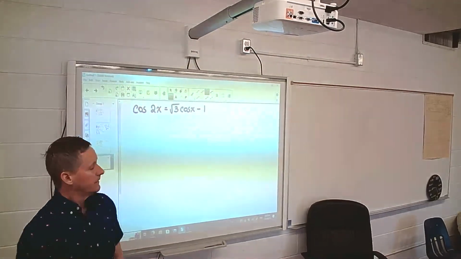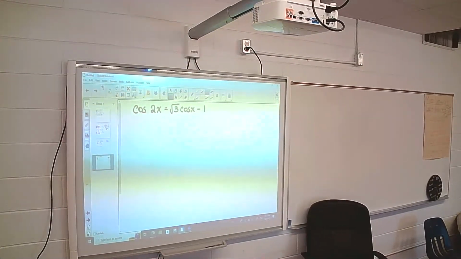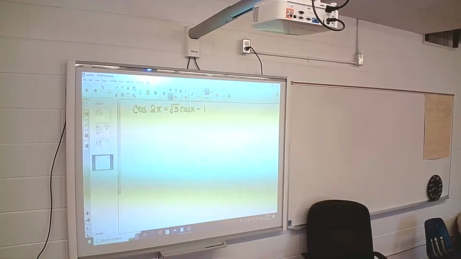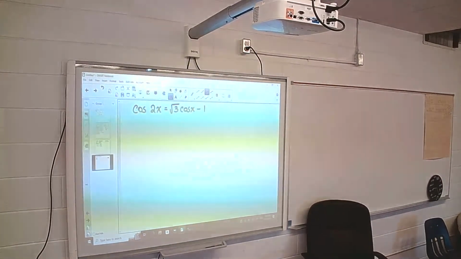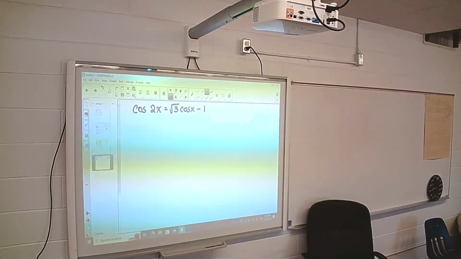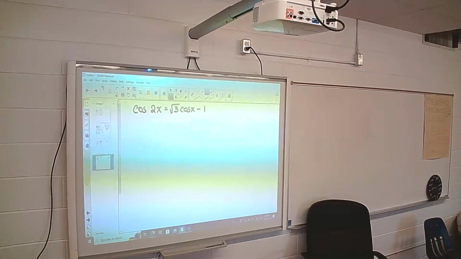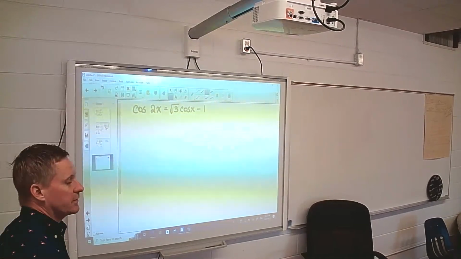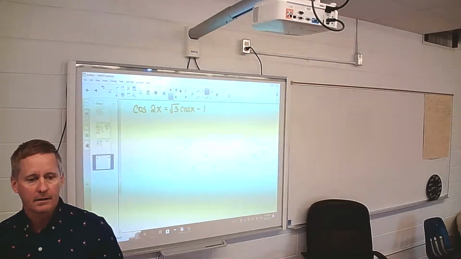I've got a double angle with a single angle. I can't work with squares and singles, but that usually leads to factoring. In this case, I can't use a double with a single, so I need to change the double to a single. Which equation are you going to use for cos 2x now and why?